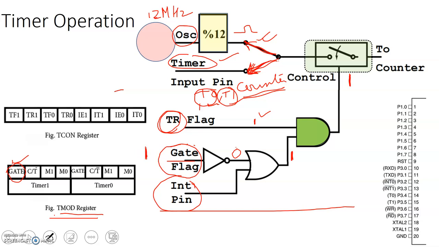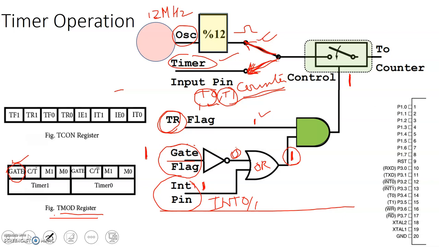And if I'm using any of the external interrupts, INT0 or INT1, then here also it needs to be 1. This is an OR gate. So if this is 0 and this is 1, then the result will be 1 here. So now basically external interrupts will be acknowledged.